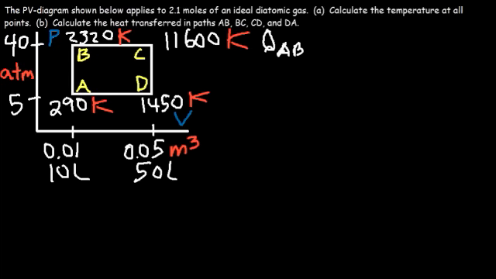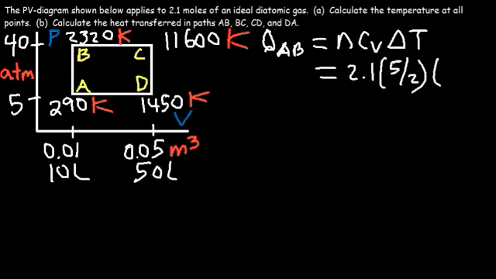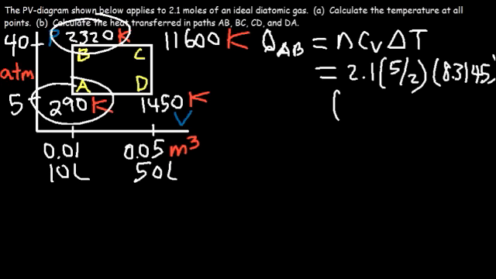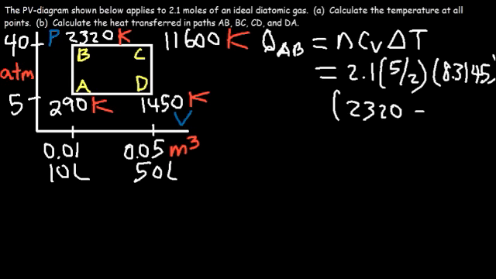The volume is constant, so we can use this equation, nCv delta T. So n is 2.1, Cv for an ideal diatomic gas is 5/2 times R, and the change in temperature going from A to B, it's final minus initial, so that's 2320 minus 290.